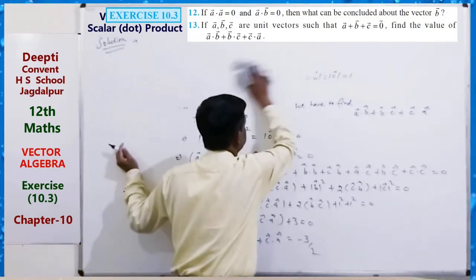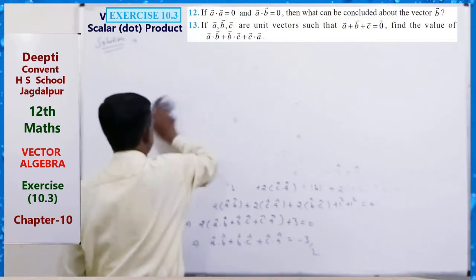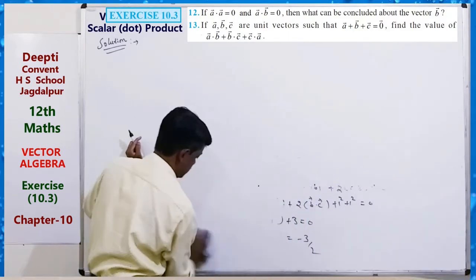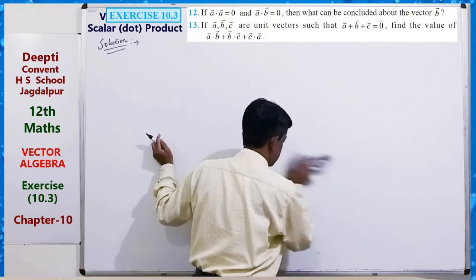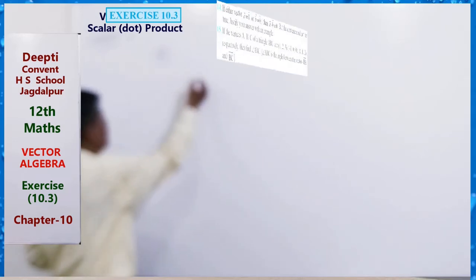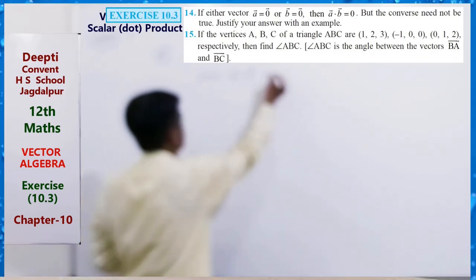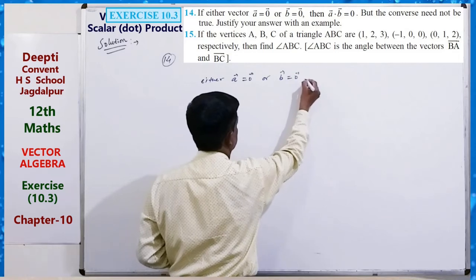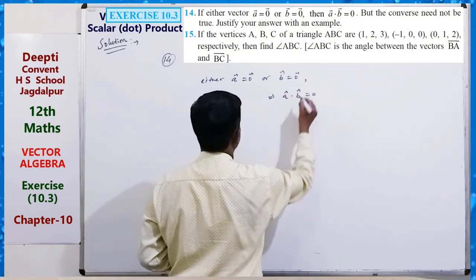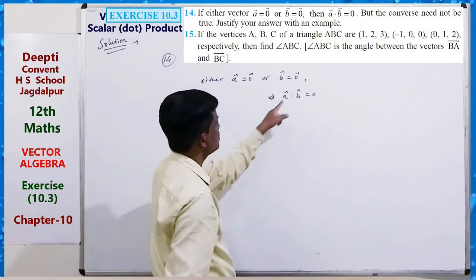Question 14. We know that if either A equals 0 or B equals 0, it implies A dot B equals 0.